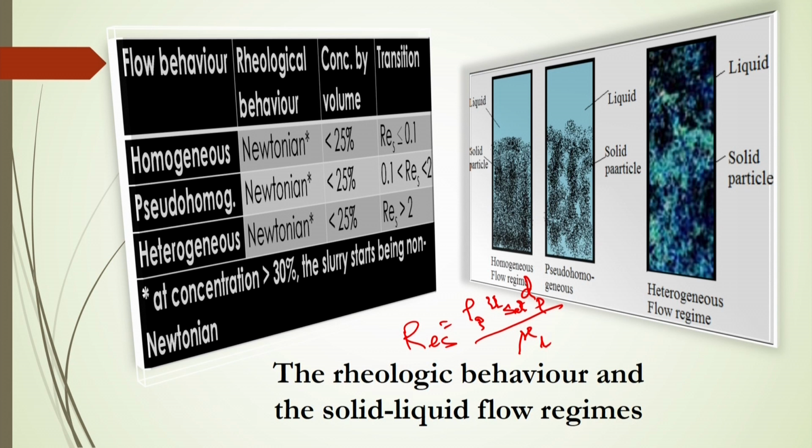So, this is your Re_s. Based on this Re_s you can decide the flow behavior with the concentration less than 25%. Now, at certain concentration which is greater than 30%, the slurry begins to behave as a non-Newtonian fluid.